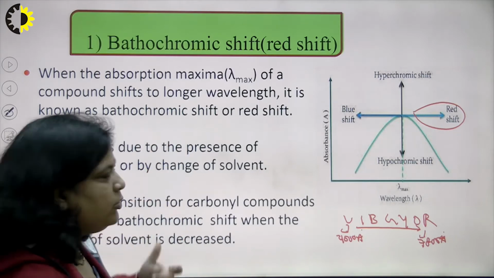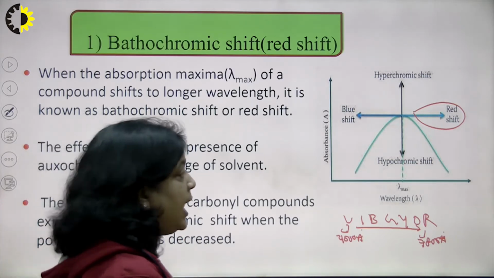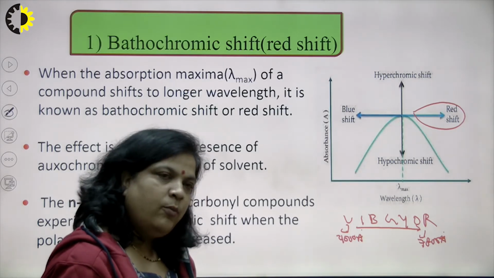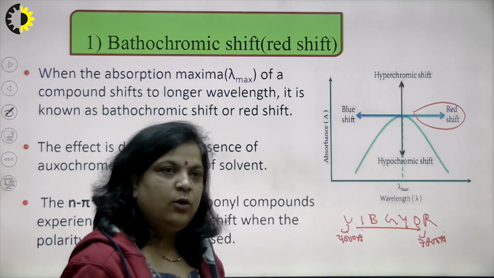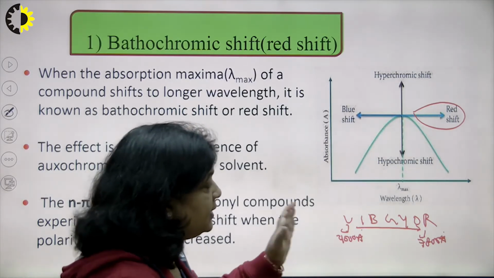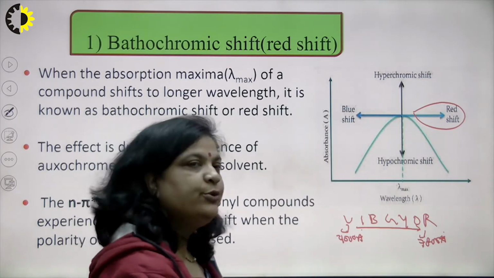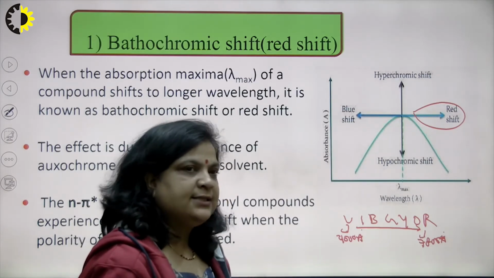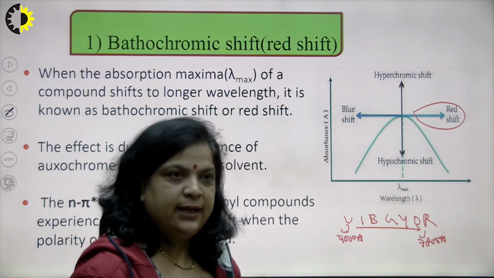This is called bathochromic shift or red shift, and this is due to presence of an auxochrome or by change in the solvent, or we can say the polarity of the solvent. And one another reason is if we increase the conjugation, the maxima will shift towards the higher side.